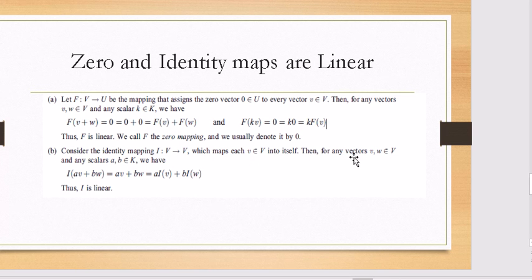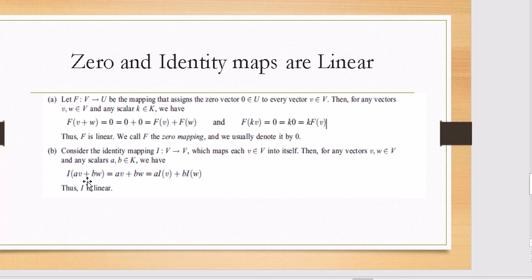To prove that this capital I map is linear, we suppose two vectors v and w belong to V, and we take two scalars a and b in K. We have this relation: I of av plus bw.